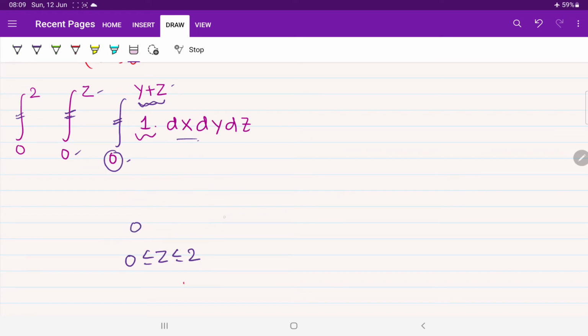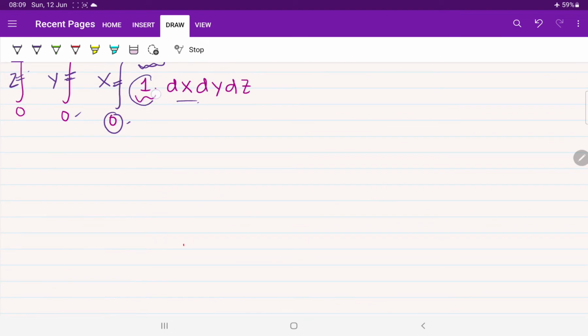So from this, let us proceed further. Then how to integrate this function, sir? First we start our integration with respect to x, then with respect to y, at last with respect to z. If we integrate 1 with respect to dx, it will become x only, and the limits are from 0 to y plus z.